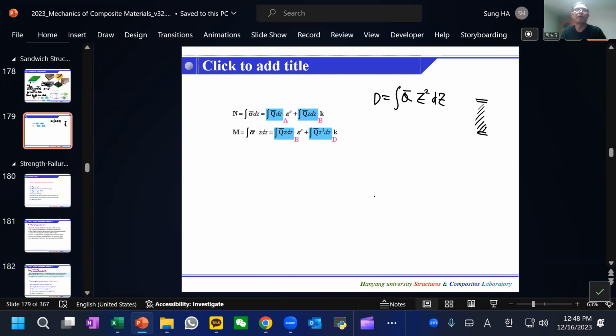As you can see, the top and bottom skins are very far apart, due to this H. So in this case, Z squared, of course, Z starts at the center.